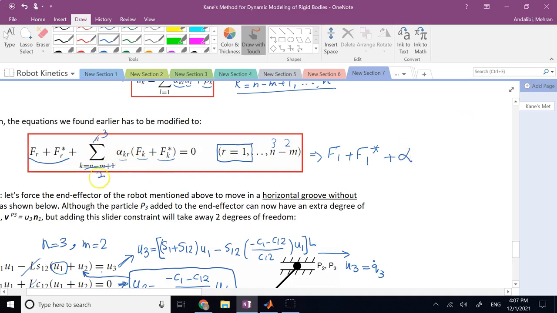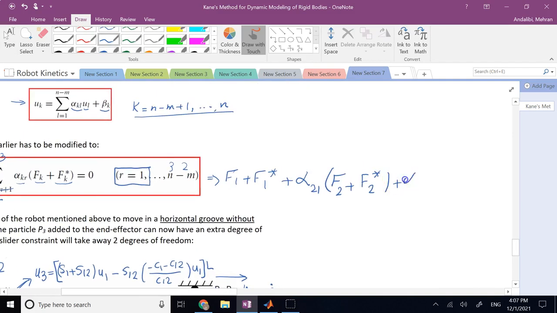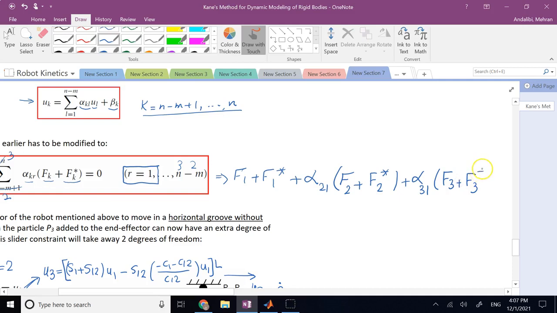Alpha of k. When k is 2, it's going to be alpha 2,1 times what? F2 plus F star 2. And then k becomes 3. It becomes alpha 3,1 times F3 plus F3 star. This whole thing becomes equal to 0.